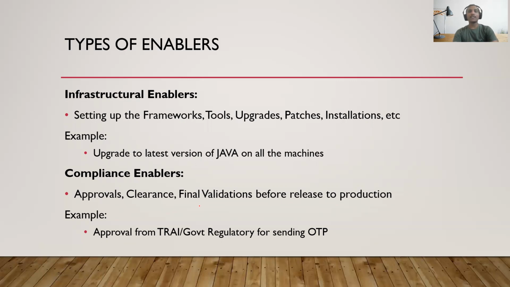One more point we need to remember is that not every sprint and not every team might require these types of enablers. As and when required, we might make use of them. For example, the infrastructure enabler: do we do a tool upgrade, patch, installation, or framework setup in every sprint?